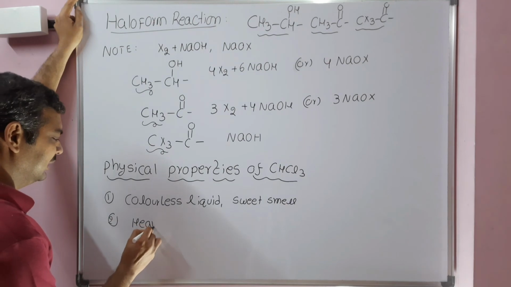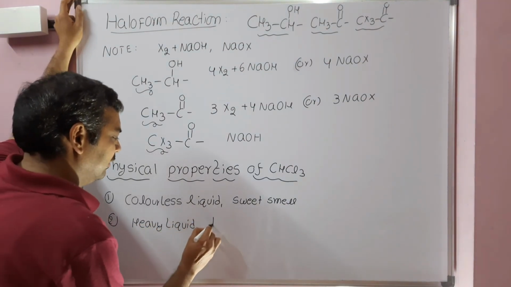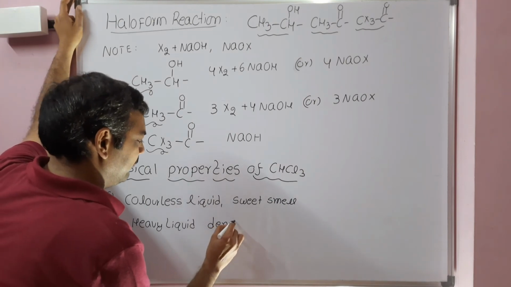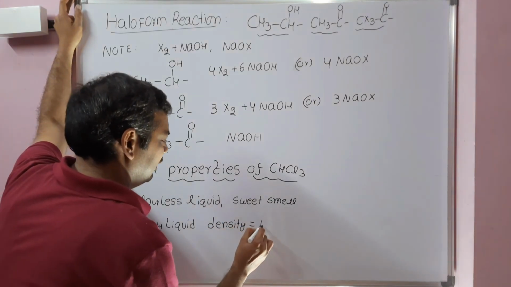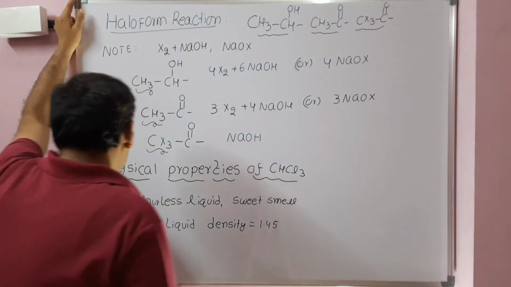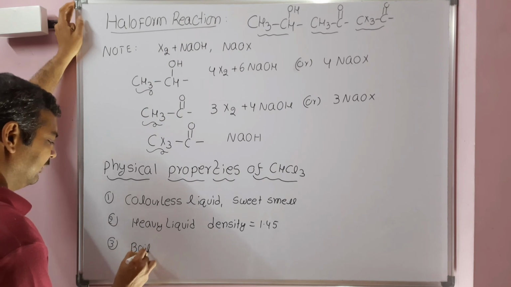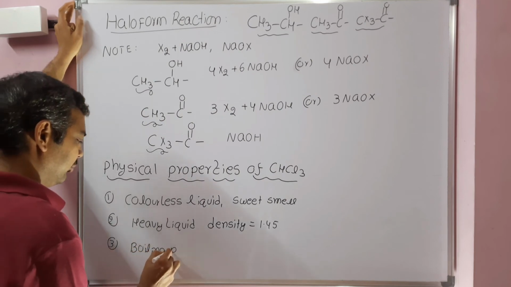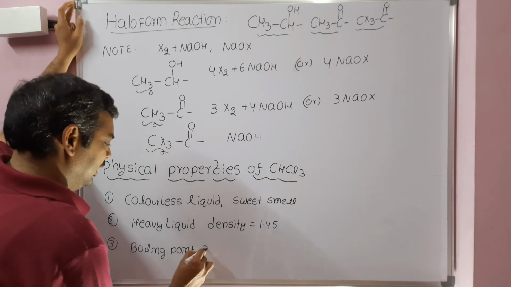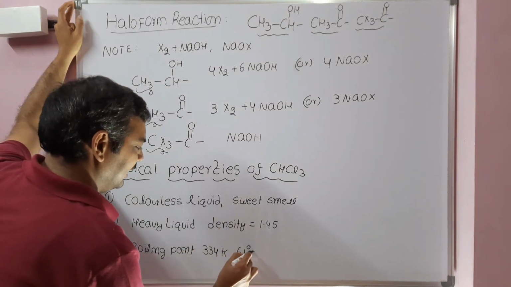Heavy liquid means the density is more. The density of chloroform is equal to 1.45. Boiling point 334 Kelvin or 61 degrees centigrade.